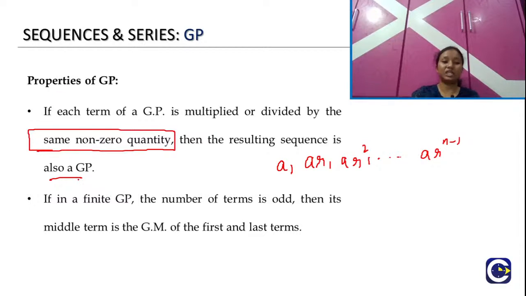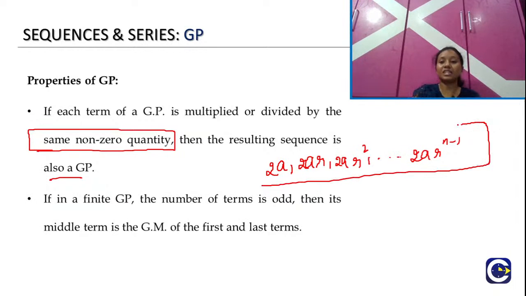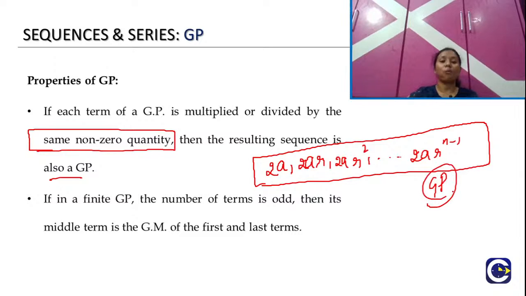So let me take 2, the easiest value. I am going to multiply 2 to each and every term of this geometric progression. Then my progression will turn out to be 2a, 2ar, 2ar square, 2ar cube, and so on until 2ar power n minus 1. Now this resulting sequence will also be a GP only.